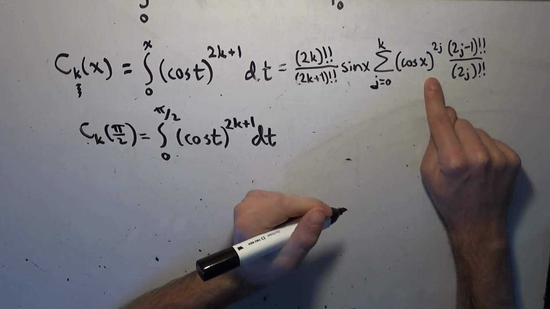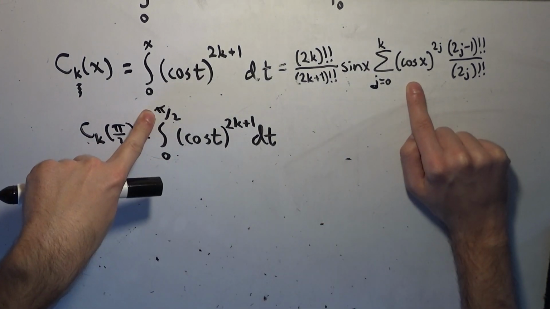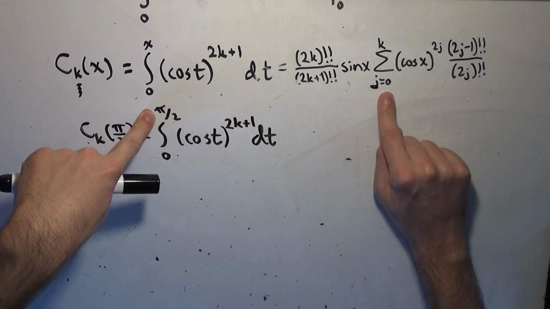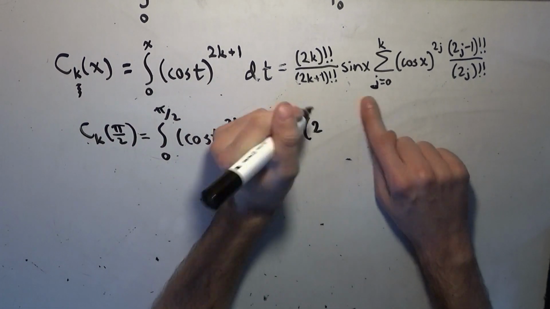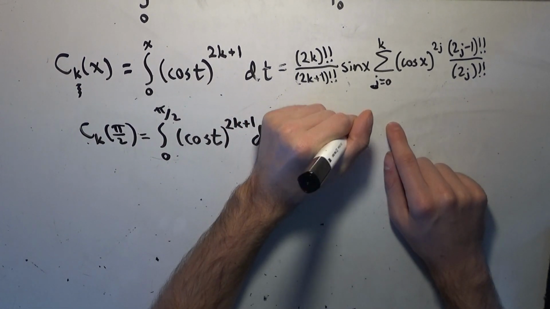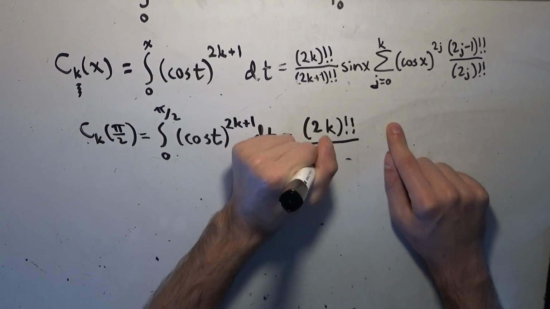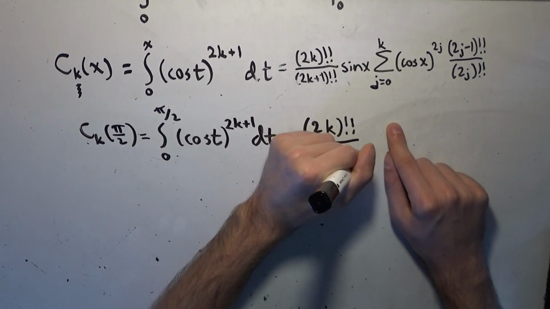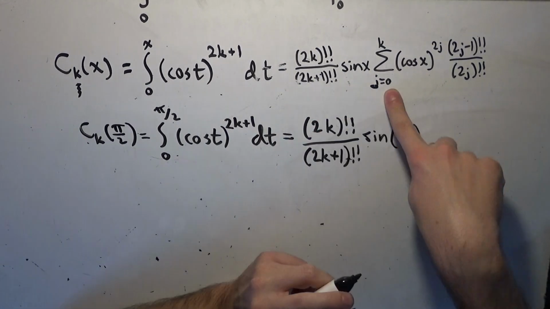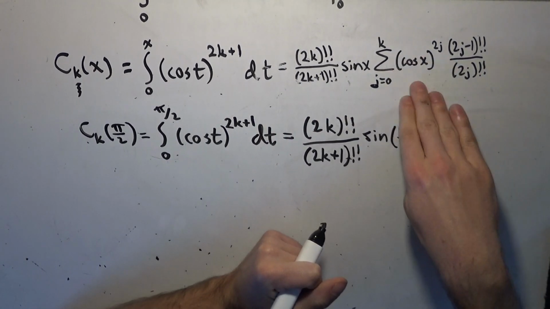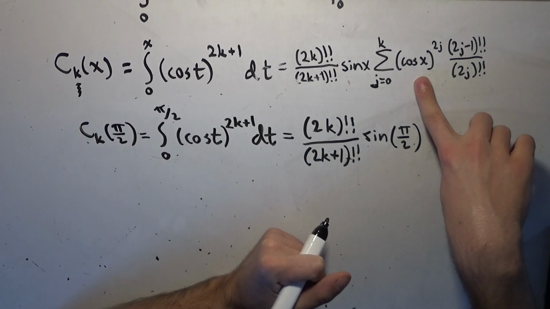At every other power of cosine, plugging in pi over 2 is going to be 0, so we only get the term where j equals 0. So what we end up with is 2k double factorial divided by 2k plus 1 double factorial times sine of pi over 2. For j equals 1 up to k, every term will be 0, because cosine of pi over 2 is 0.